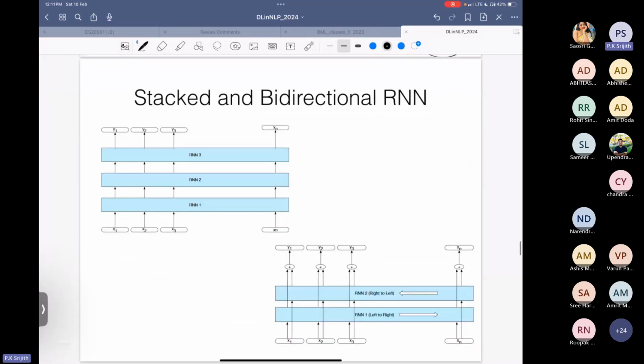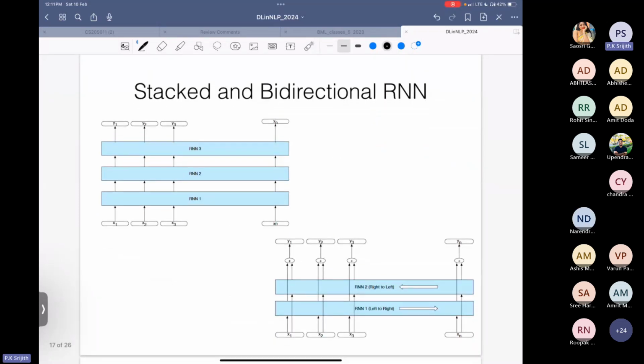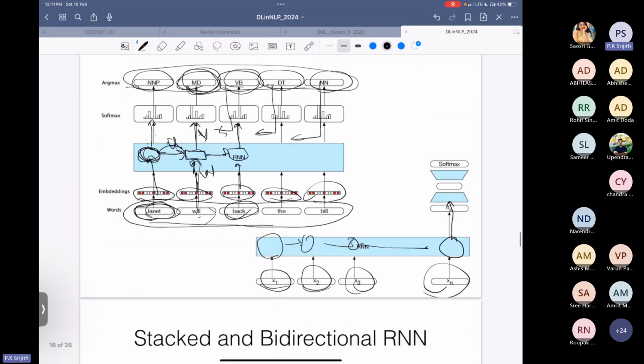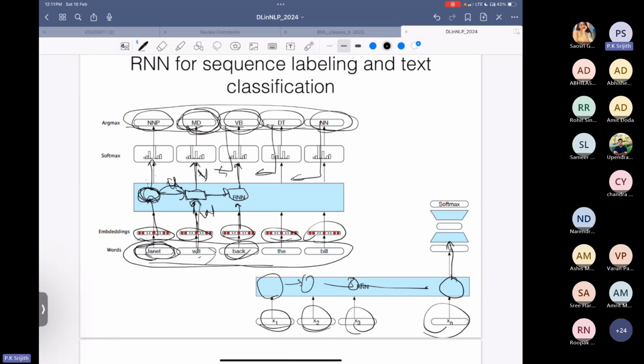Okay. Yeah, so see, many times you can see that if you just use a simple RNN, it will be looking at the words in one particular order, right? But there could be some information that you can make use of in predicting the part of speech tag, for instance, if you start looking from the word in the reverse order.